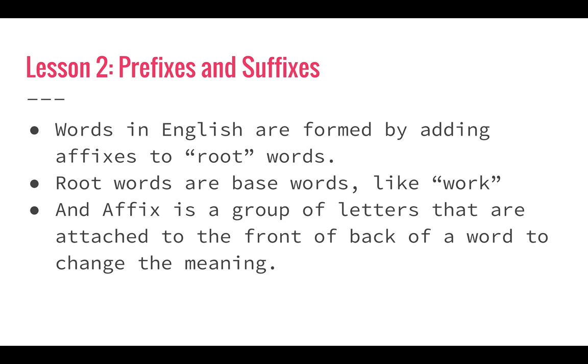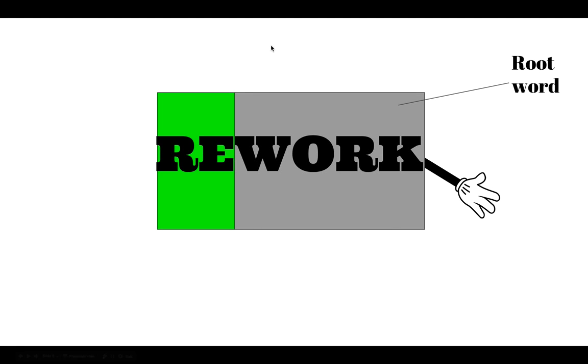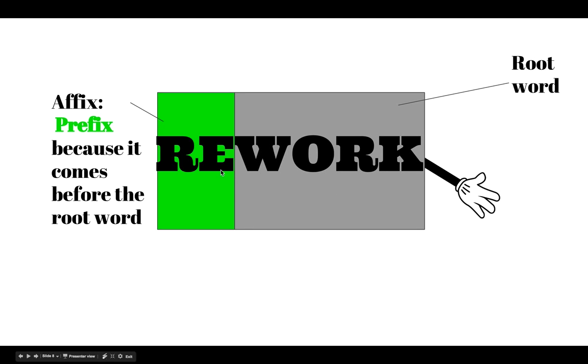And I'll show you an example here. So we have a base word, work, root word, right? And then if we added the letters re in front of work, we get a whole new word, rework. Re is an example of an affix. It's actually a prefix, which is a type of affix, because it comes before the word.